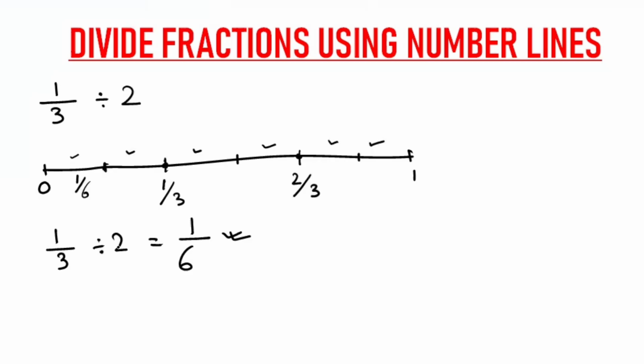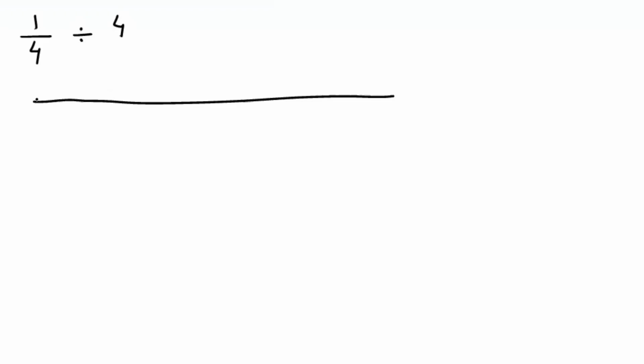Let's take another question so that you will easily understand. 1/4 divided by 4. And we have to divide using the number line. So what we have to do? First, we have to draw a number line from 0 to 1.